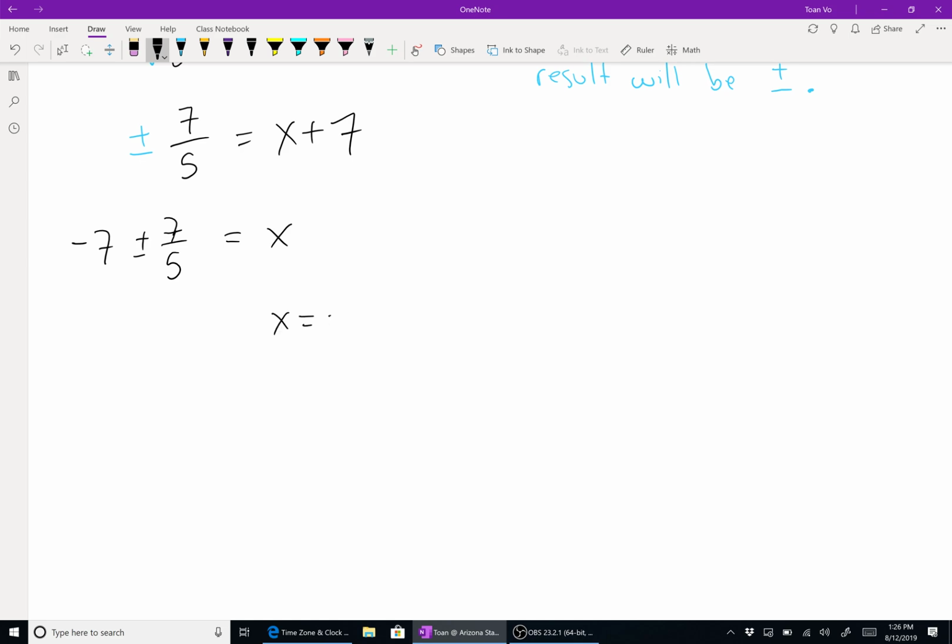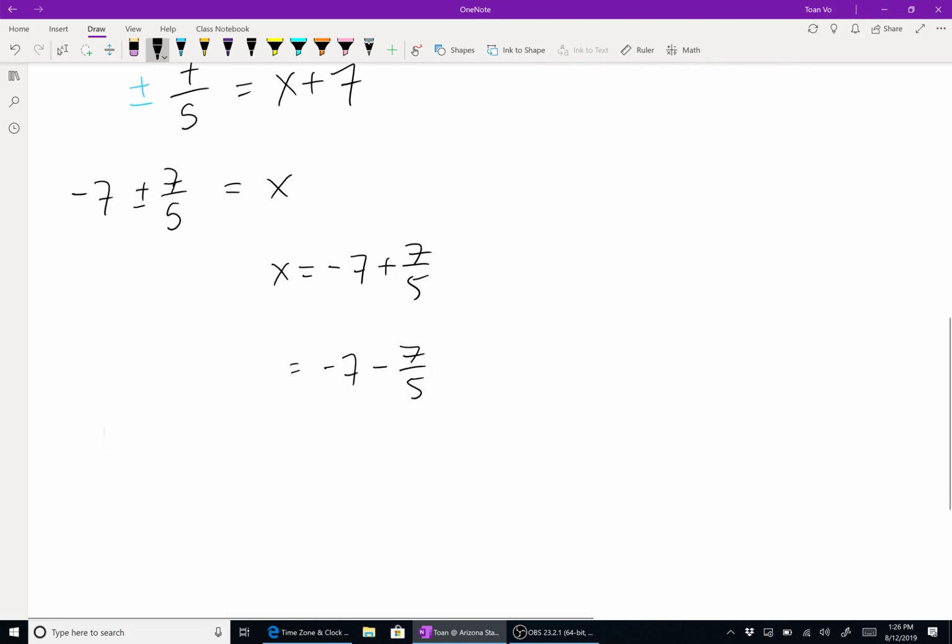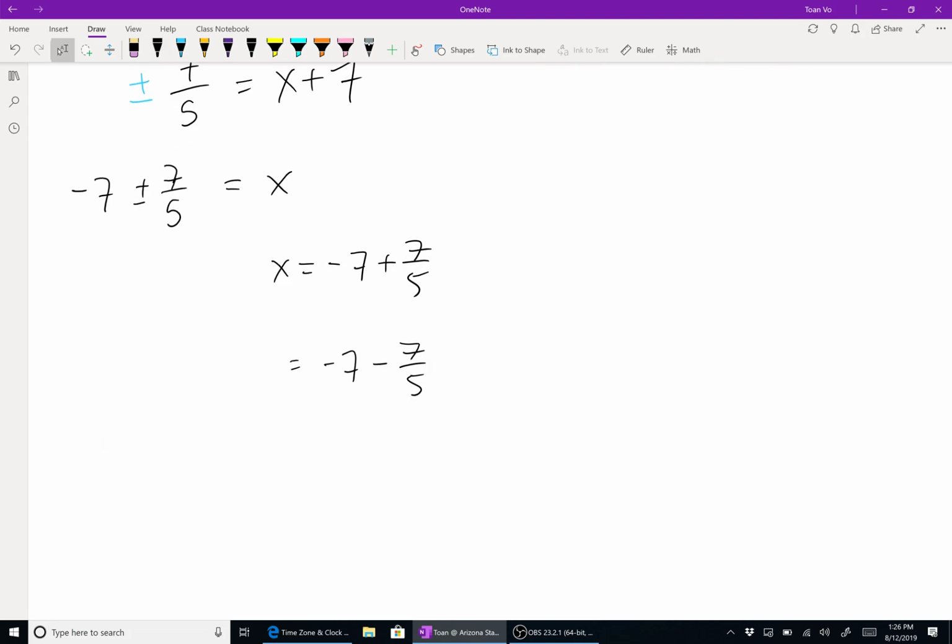I expect you to go ahead and write it out as negative 7 plus 7/5 and negative 7 minus 7/5, and go ahead and do the arithmetic to give me two separate answers. So again, please, if it has regular numbers, do not leave it like that. Go ahead and split it apart and figure it out. So that's what, negative 35 plus 7 is a negative 28, and a negative 35 minus 7 is a negative 42. Right. So those would be the two answers I would accept.